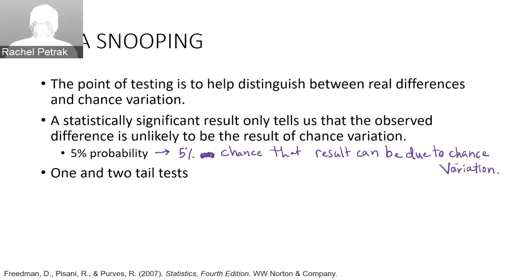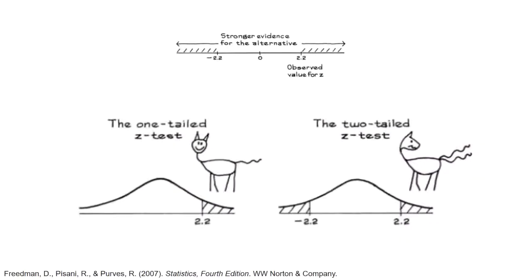Okay. One final idea in this section is that when we look at probability levels, there are one- and two-tailed tests. So far, we've just been doing one-tailed tests. A one-tailed test puts all your probability in one tail of the distribution.